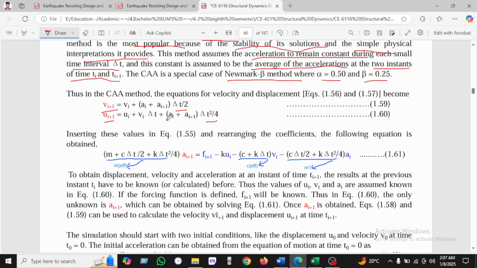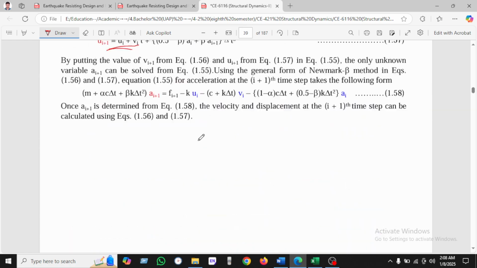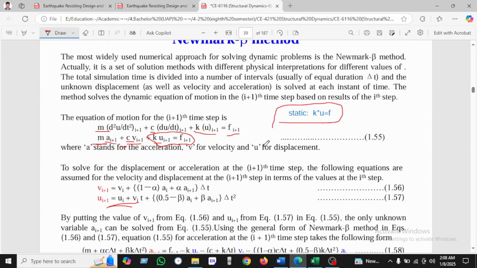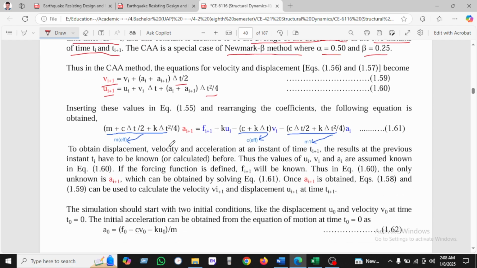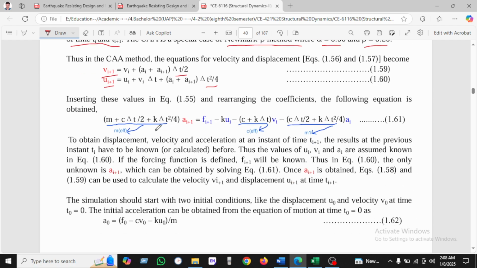Inserting these values in equation 1.55, the main equation with M, C and K U, the equation will be obtained as M plus C times delta t into K U delta U.